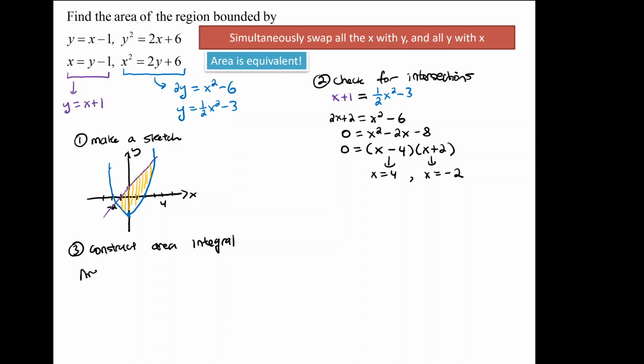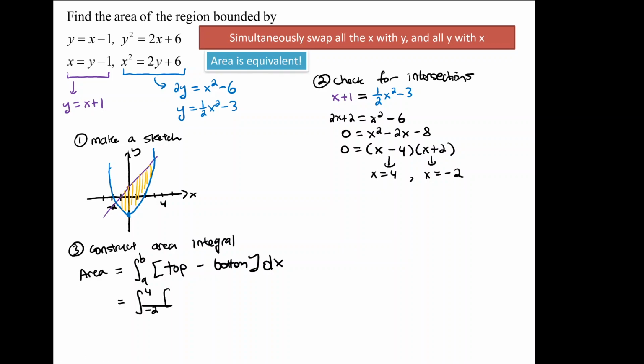So the area will be the integral from a to b of the top minus the bottom. So integral from negative 2 to positive 4, the lower x value to the higher x value.